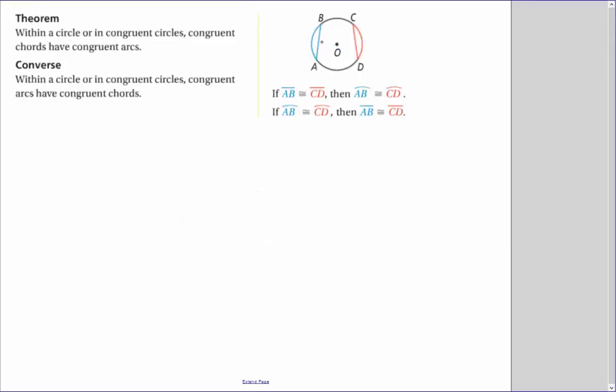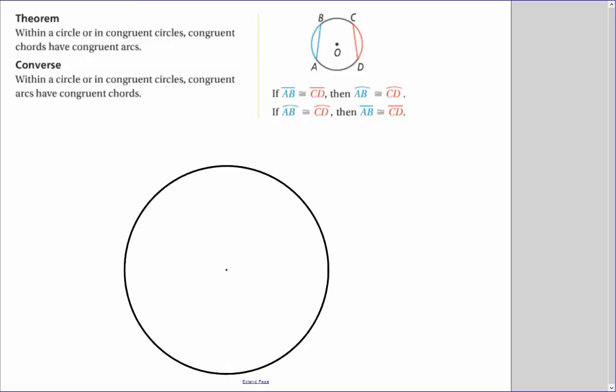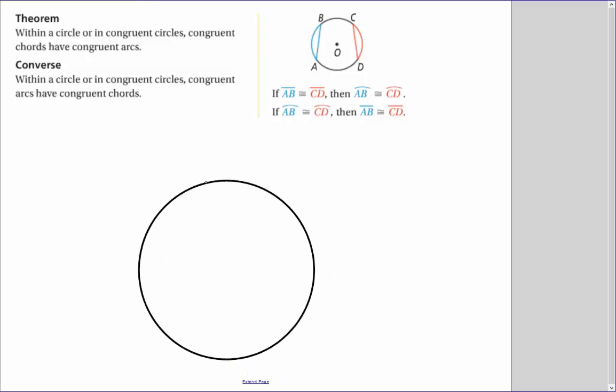Next, if I have two chords that are congruent, that means the intercepted arcs formed by the chords are also congruent. So for example, in a circle, if I have two chords and I know that these two chords are equal, then the arcs intercepted by those two chords are congruent.